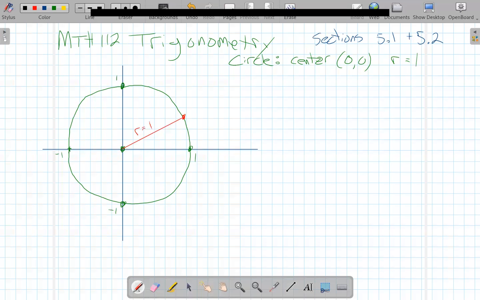When I make that radius there, there's a few things that I think are important. Those important things are that that point has an x value down here and a y value over here for that point. So here we have x, here we have y. So this is some point (x, y) on that circle.